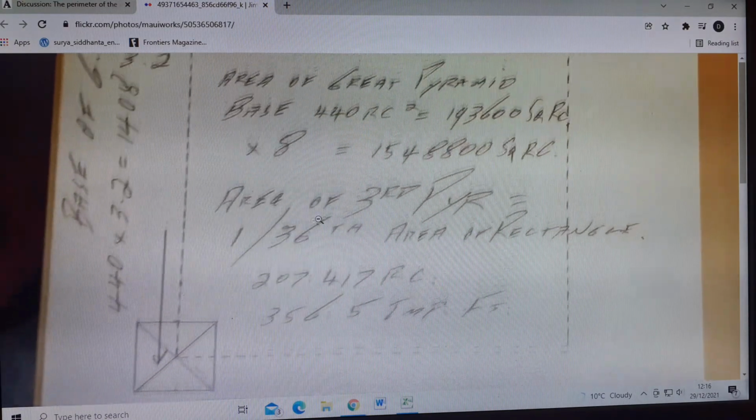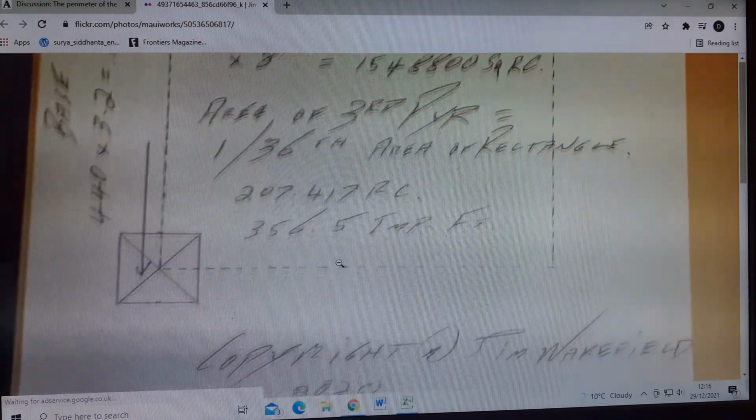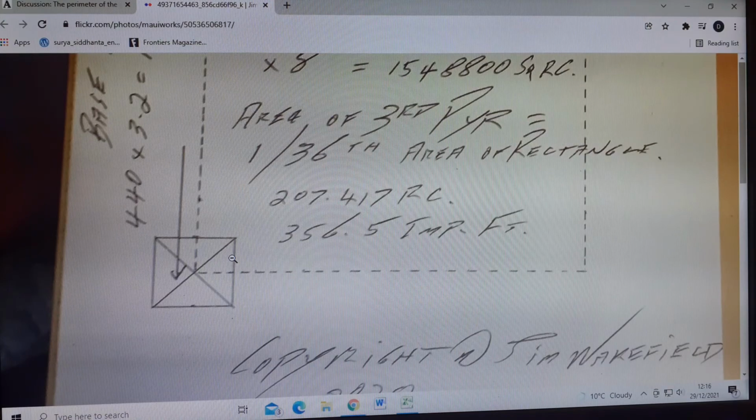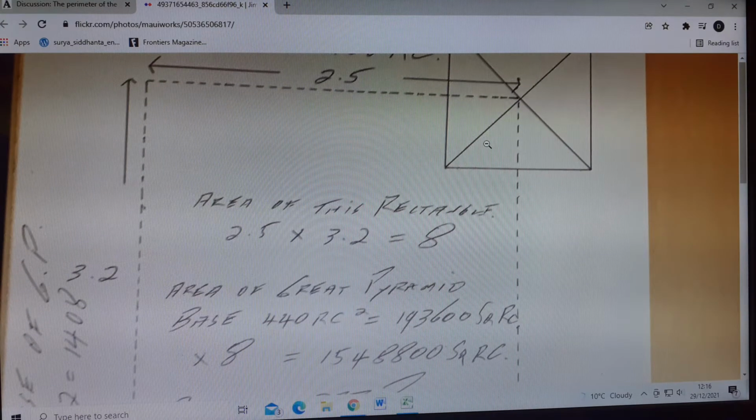So I was wondering what the relationship was between that and the rectangle, and that is 1/144th of the area of the rectangle, and that is 1 divided by 32 of the area of the rectangle.